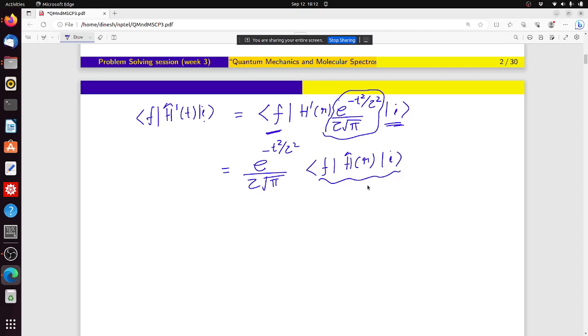So let's rewrite this as h of fi, which depends on r.